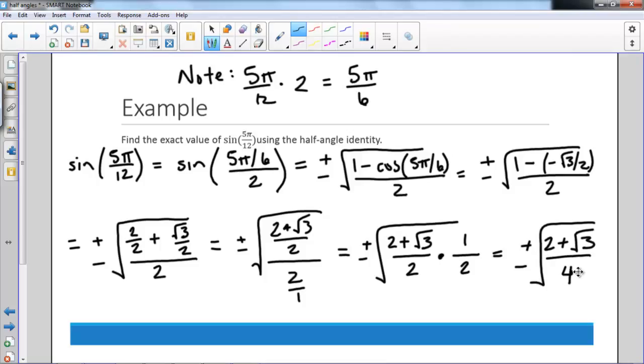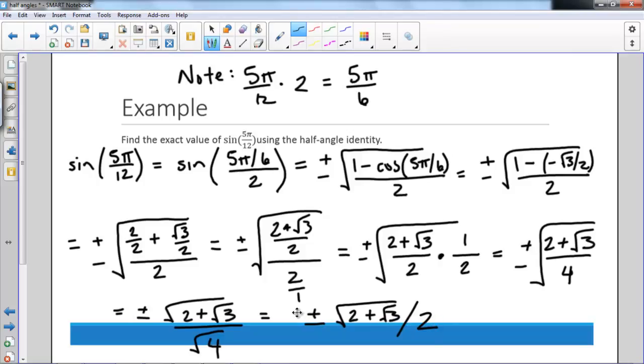I can simplify this one more step further because what I really can do is separate the top and the bottom and get root 4 on the bottom. And root 4 is a perfect square, so I'm going to end up with plus and minus root 2 plus root 3 divided by 2. And that's going to be my final answer.